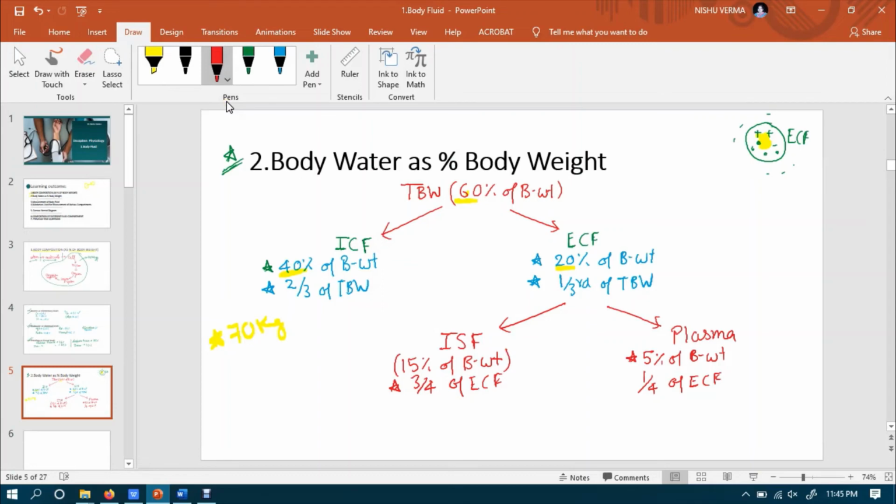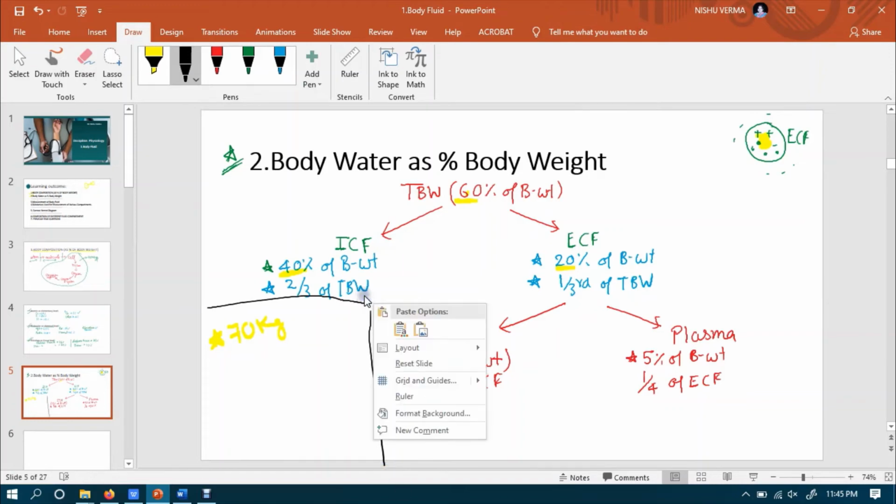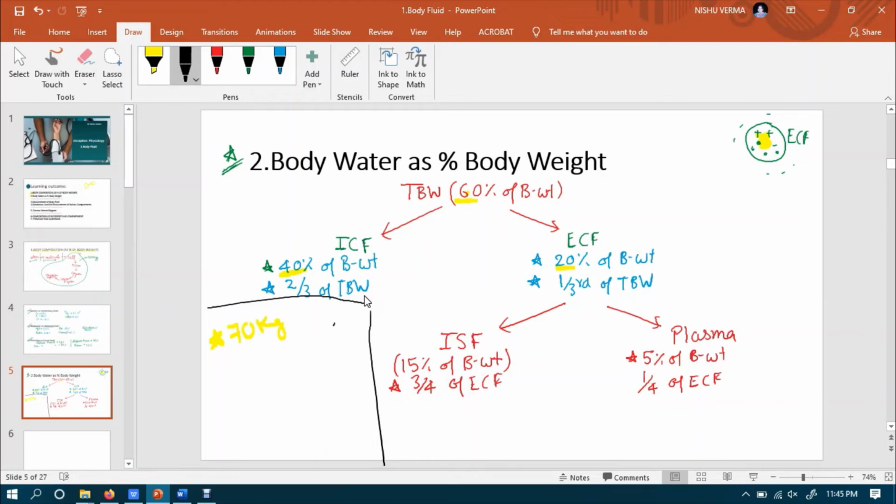If we calculate the total body water, with a weight of 70 kg, the total body water will be 60% of the total body weight.